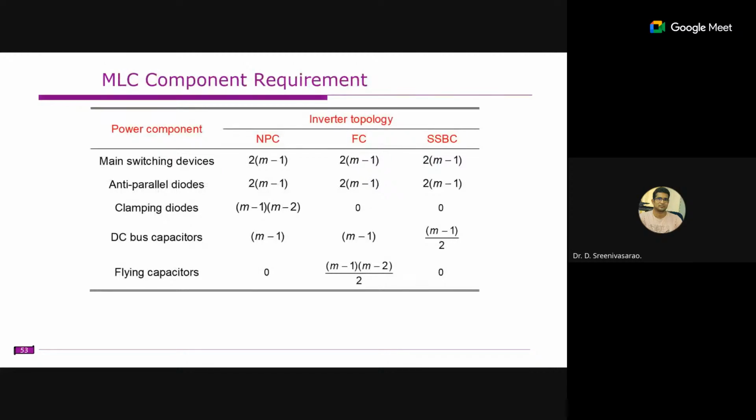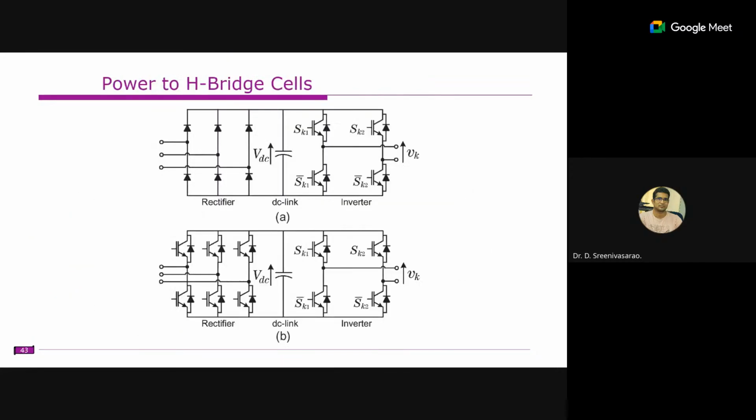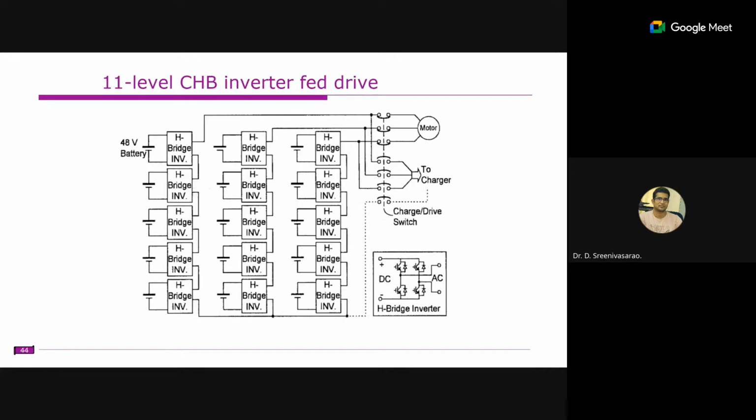Let us assume that one major drawback with this cascade H-bridge is the uniform power distribution. Let us assume these are the batteries, right? All these batteries must be charged and discharged simultaneously. In other words, the SOC level of these batteries is supposed to be the same. One battery must not be undercharged or overcharged. The charge and discharge must be the same.